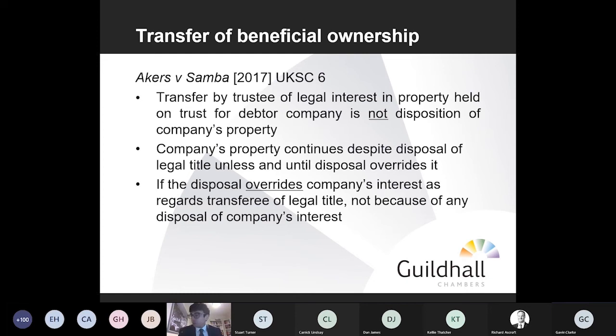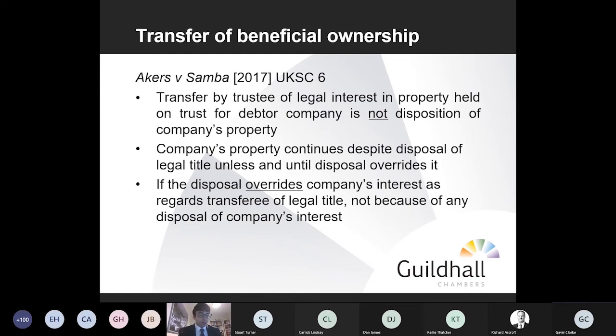And so, to give a prime example of this, to put some flesh on these bones, if the asset that we're talking about is real property, so the company is the beneficial owner of real property, it's held on trust for it. If the trustee purports to sell the property to a third party purchaser, then the beneficial interest will remain in the property unless it's overreached, and it will only be overreached if the purchaser deals with either two trustees or a trust corporation.